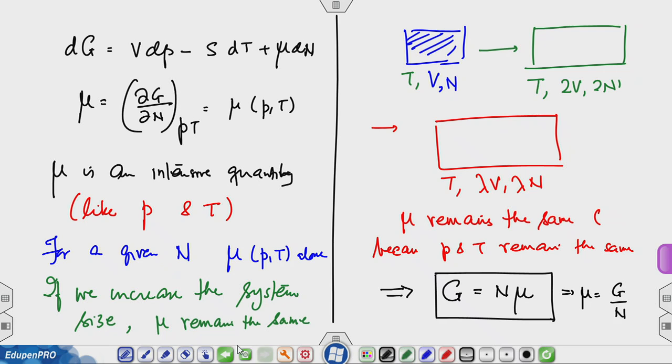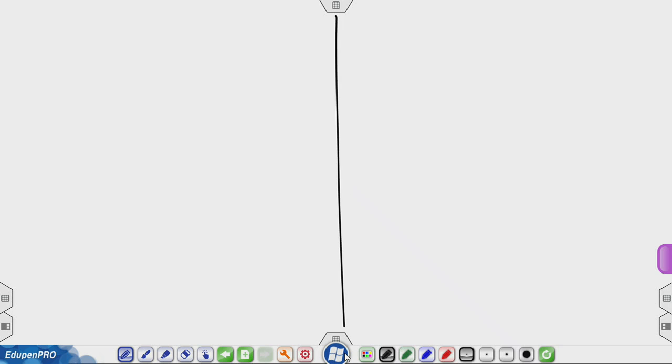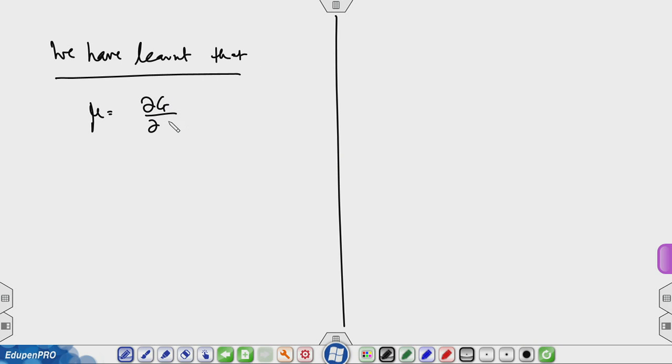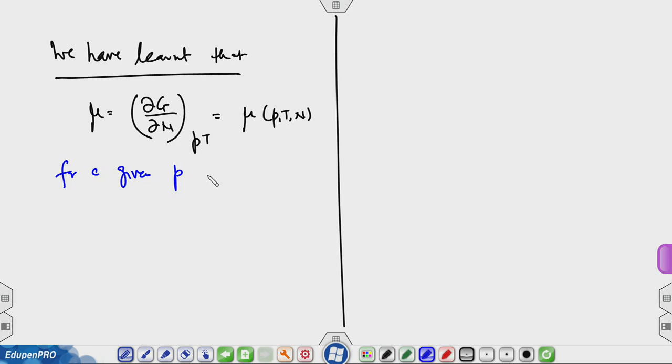So what have we learned? We've learned that mu, which is dG dN at P, T, could be a function of P, T and N, but as you change the size of the system, for a given P and T, I can specify any two variables.